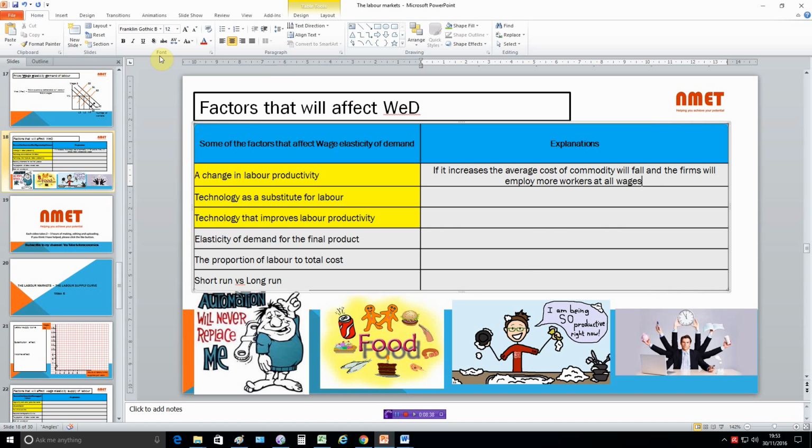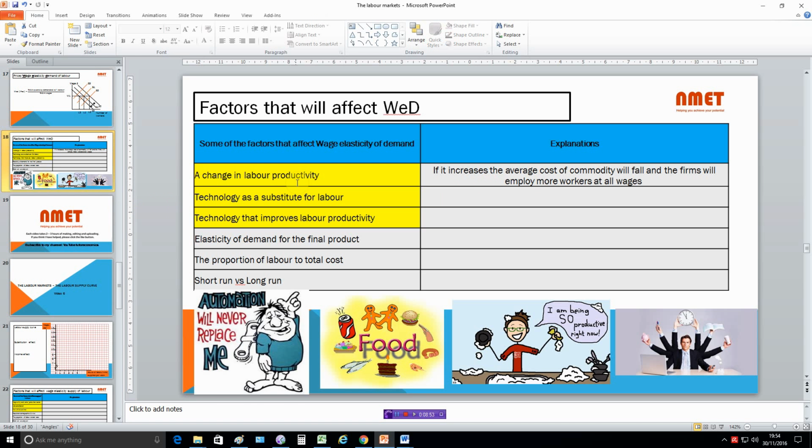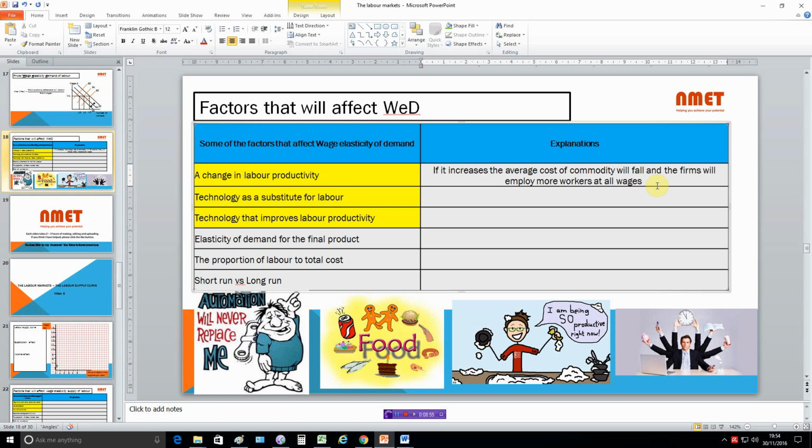This is going to happen at all wages if productivity has increased. Whatever the wage, W1, the demand curve shifts outwards. The same goes if labor productivity falls: then the demand curve will shift inwards.